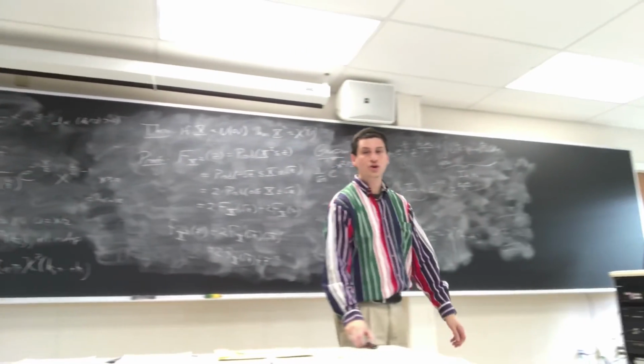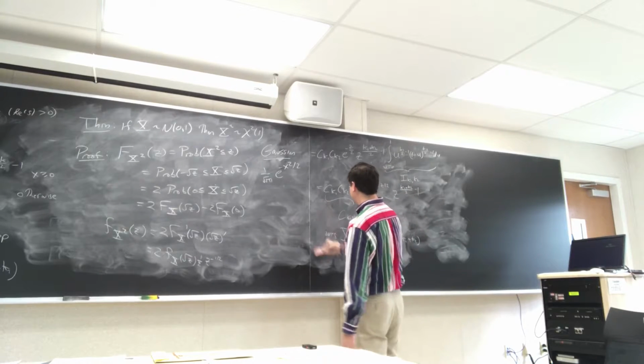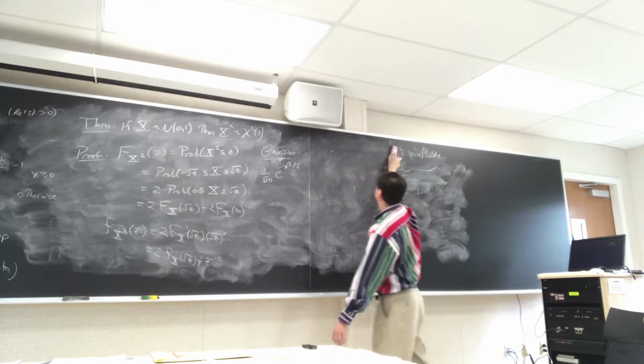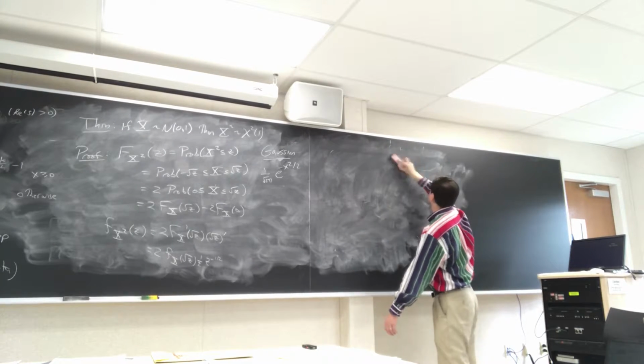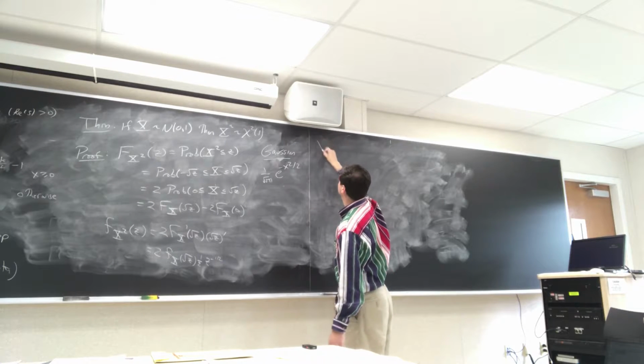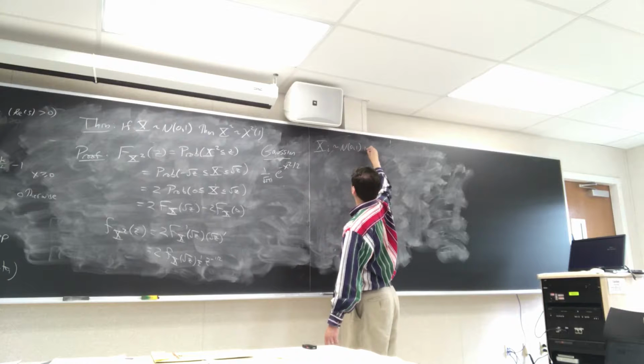Well, we just showed that the sum of chi-squareds is a chi-squared. So what this tells us is, imagine we sum a bunch of squares of independent normals. So let's say each xi is normal with mean 0, variance 1, and they're independent.